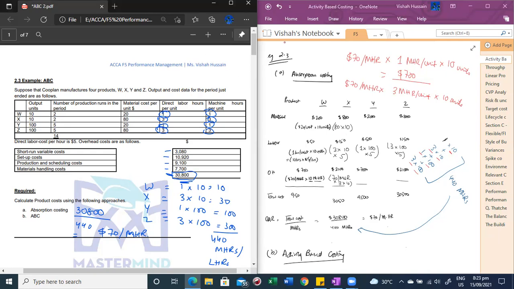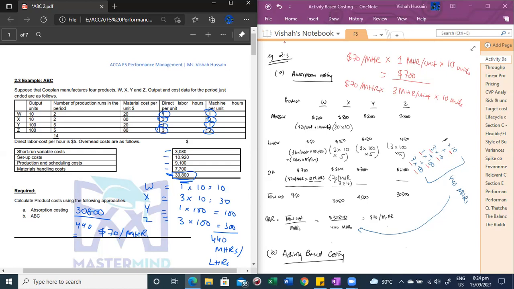All right, perfect. Now, let's get back to the very basics of absorption costing. When we study absorption costing or ABC costing, initially when we study ABC costing's definition, it clearly mentioned that this costing method is used to deal with overheads only. It did not mention material cost, it did not mention labor cost. It only mentioned overheads. So in absorption costing and in ABC, the only difference is in the computation of overheads.